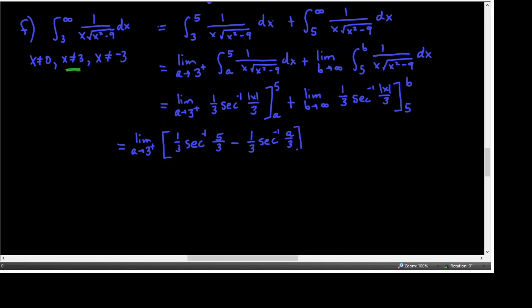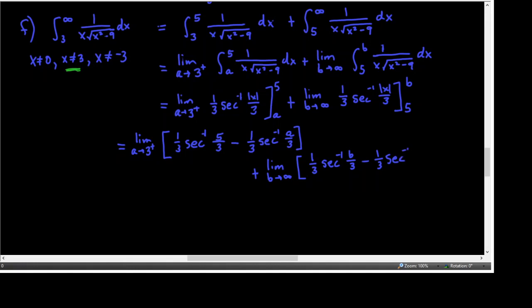Because it's between 3 and 5, we know it's positive already. Then for the other one, it'll look very similar, but this one will have b approaching infinity. We'll put b in first this time. And by the same argument, since b is a number between 5 and positive infinity, it's definitely positive. Taking its absolute value is unnecessary. Minus, now substitute in the 5.